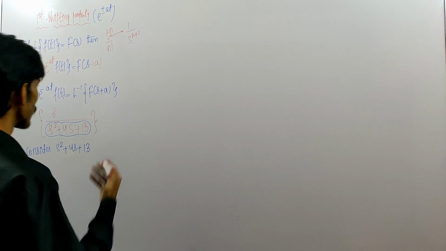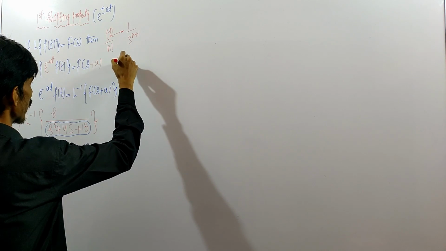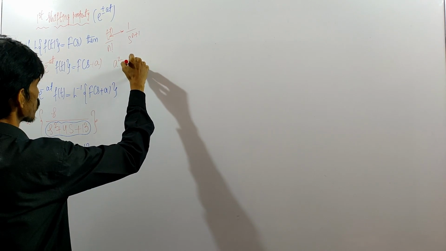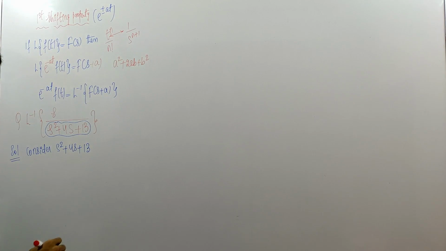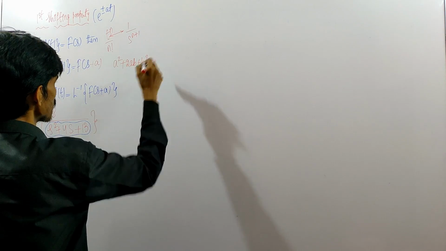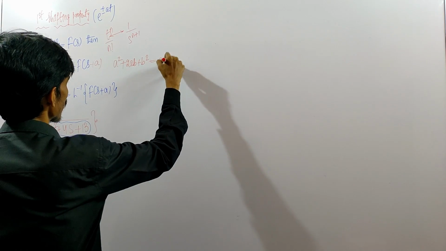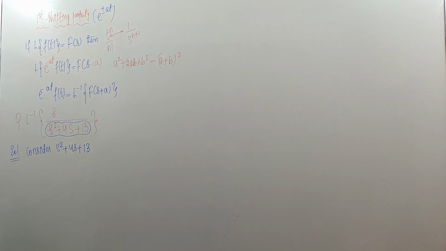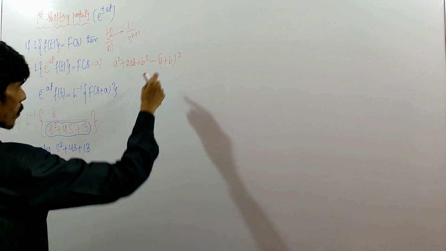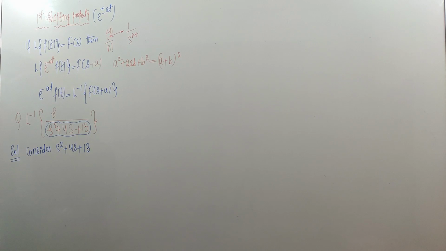We know that a square plus 2ab plus b square value is a plus b whole square. So we try to arrange this quadratic equation in this a plus b whole square form.